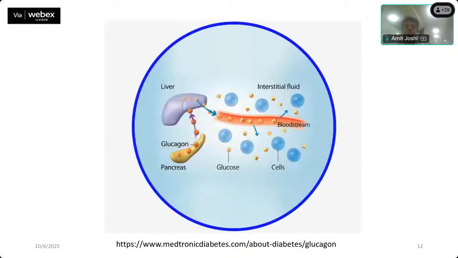Okay, so this is just a pictorial view that whatever the glucagon hormone is there, that goes into the liver, and then basically it will generate the glucose, and that glucose is very much important in your blood. Okay, because the blood is being regulated at every part of the body through our heart, and inside that blood the presence of the glucose is very much important in order to get the proper functionality of that particular body part.